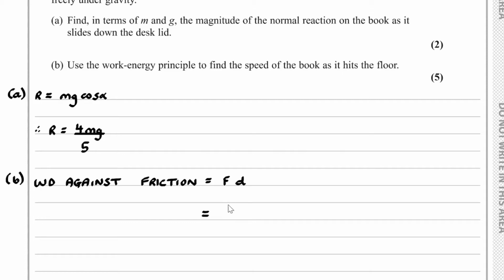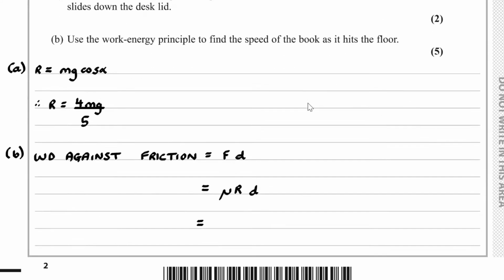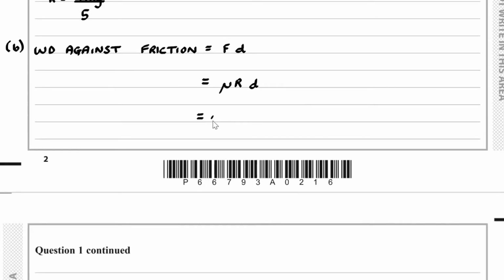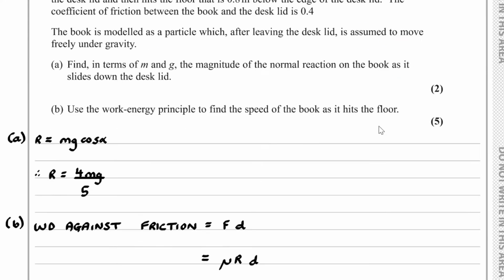But the force is given by mu multiplied by R, and then we're going to multiply this by the distance. We know what mu is. That's equal to 0.4. We know what R is. That's 4mg over 5. And we know what d is. The distance it travels is 0.5 meters.